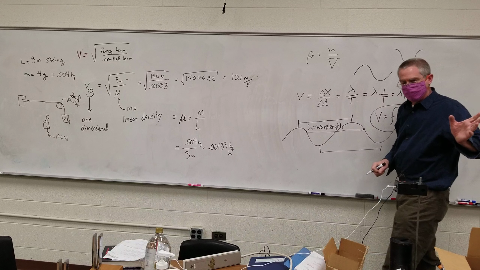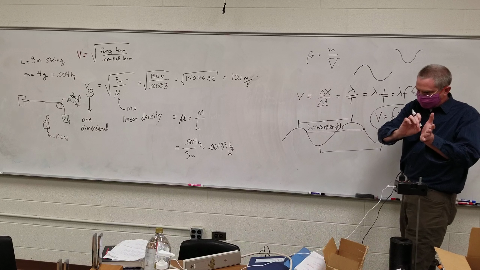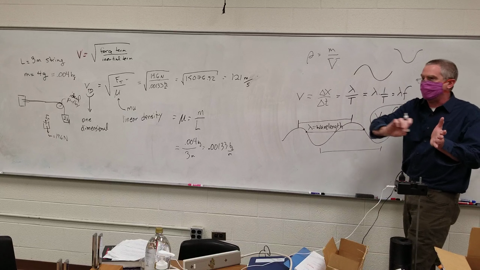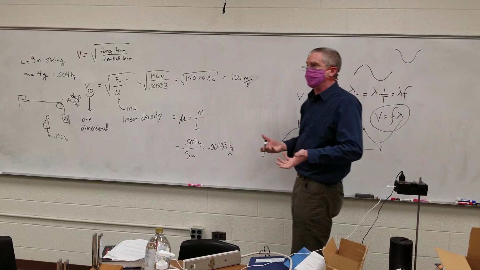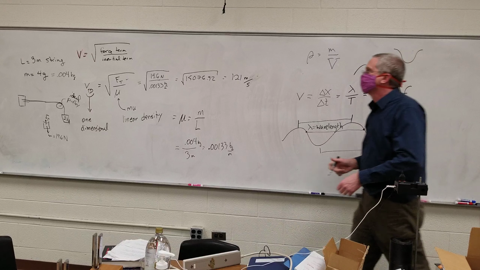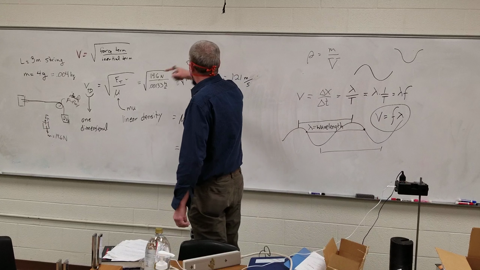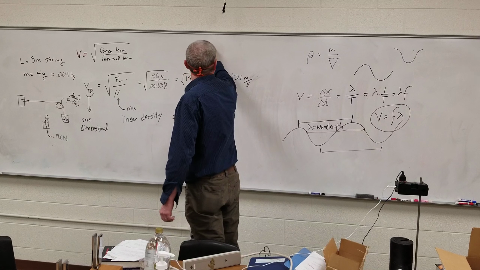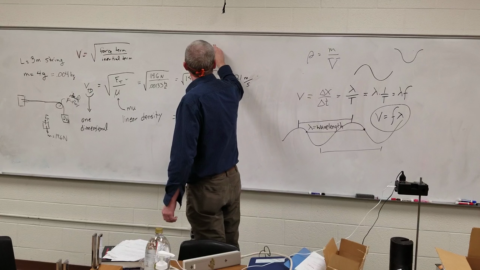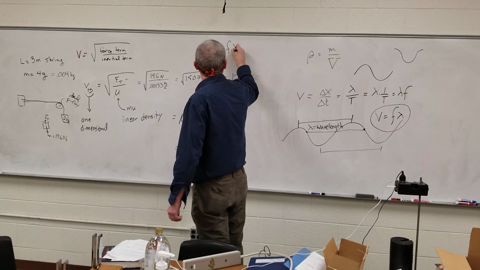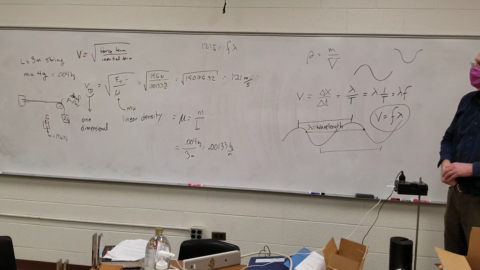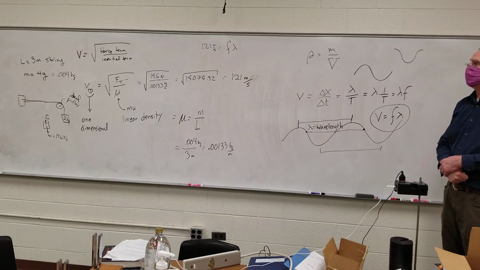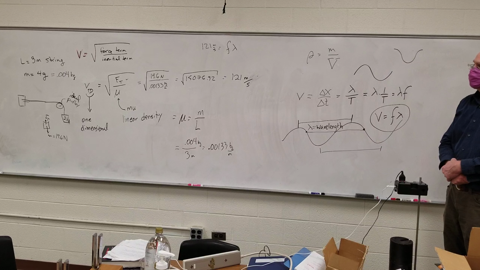If I'm looking at the speed of a wave traveling down a string, I also have this other formula, and they should be the same speed. So my 121 meters per second should be equal to the frequency times the wavelength. So it's now a matter of how do you find wavelength?